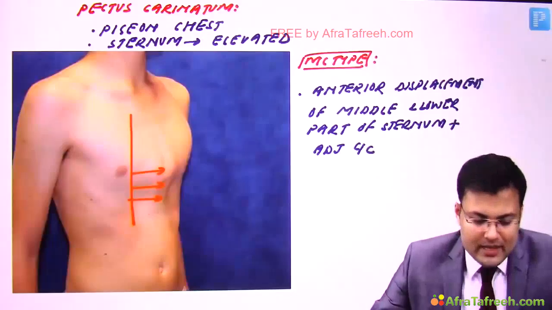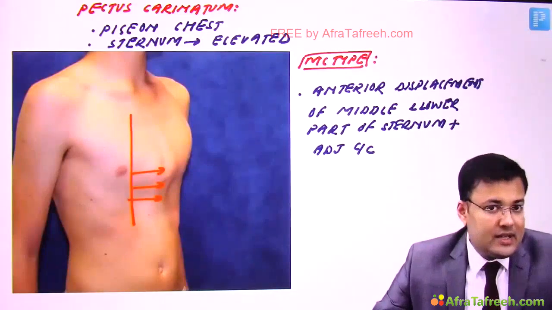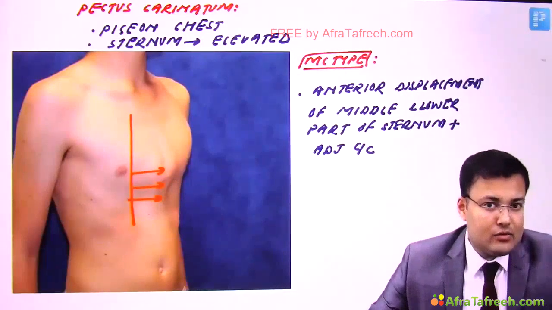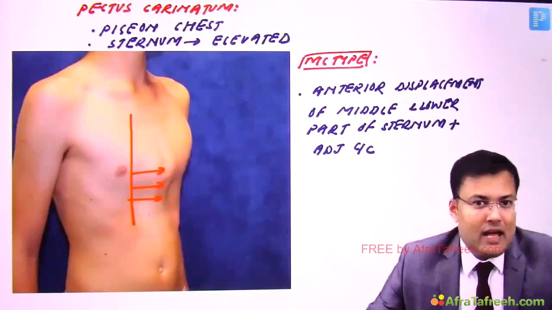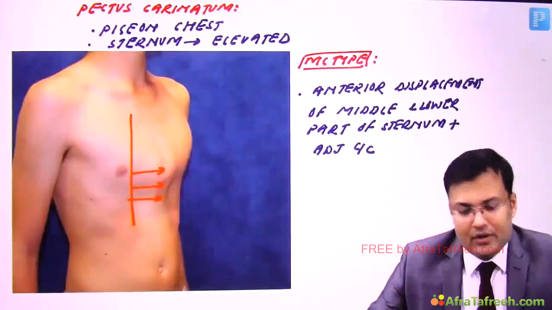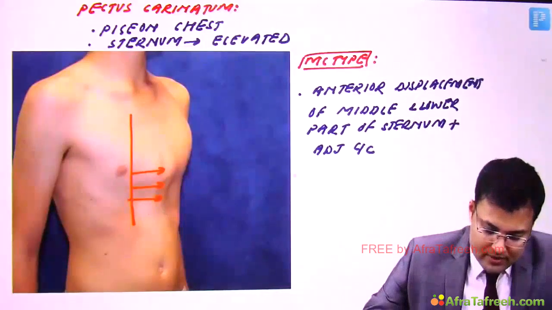This is more common in males, and in certain patients there is mitral valve disease. It is associated with mitral valve disease and coarctation of aorta. So this is more common in males.